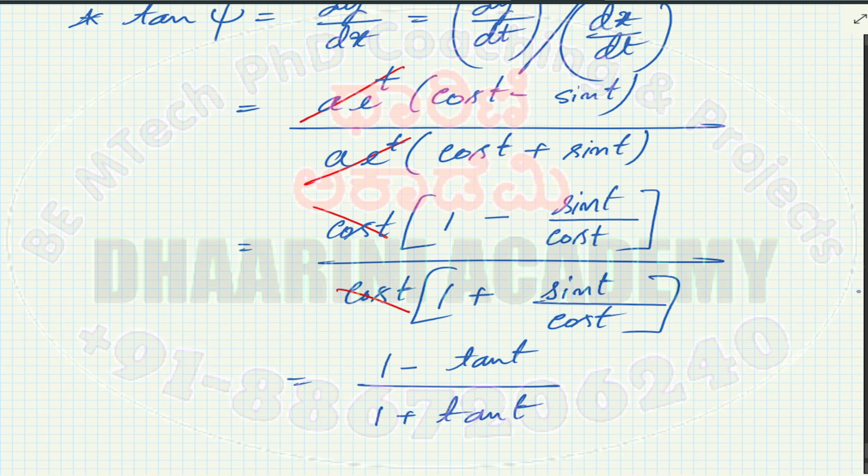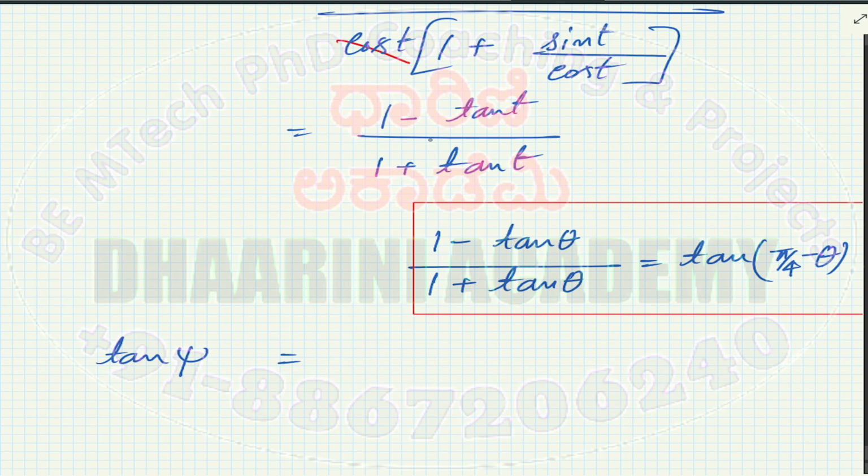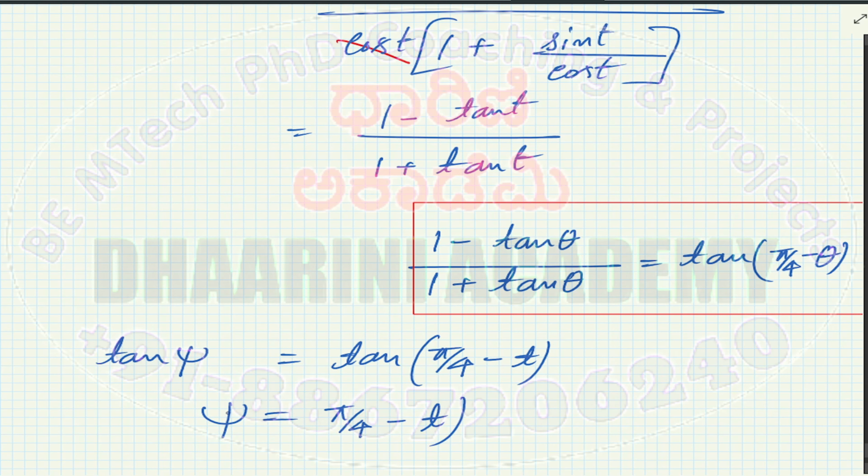On the left hand side I still have tan psi, which is equal to 1 minus tan t by 1 plus tan t, I can write simply as tan of (pi by 4 minus t). So tan I can cancel and I can write psi is equal to pi by 4 minus t, which is the final required answer.